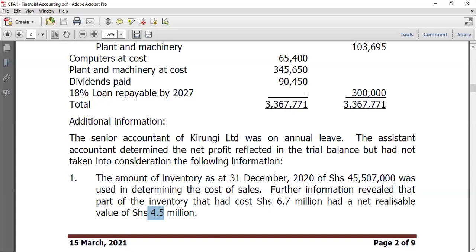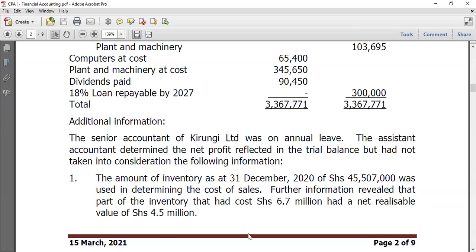I hope you get the principle why some of these things may seem very small or irrelevant, but if you fail to find the right value of inventory here, you're going to miss the mark in the statement of financial position. You're also going to get a wrong gross profit or cost of sales, so you're going to get wrong marks. That is why inventory is a key component of the financial statements.